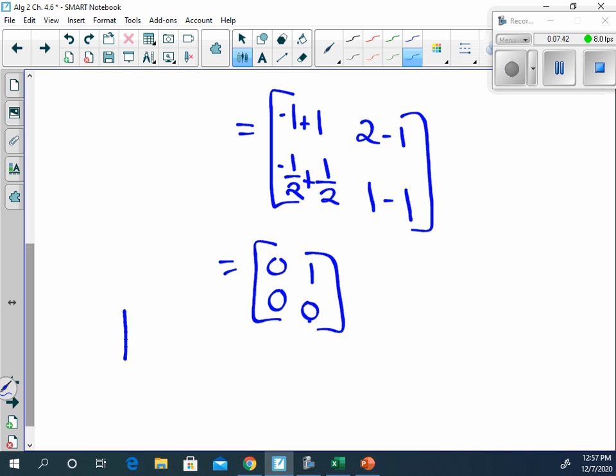These are not inverses, and we're done. That's all we have to say for this one. All we're doing at this point is determining whether the two matrices are inverses.